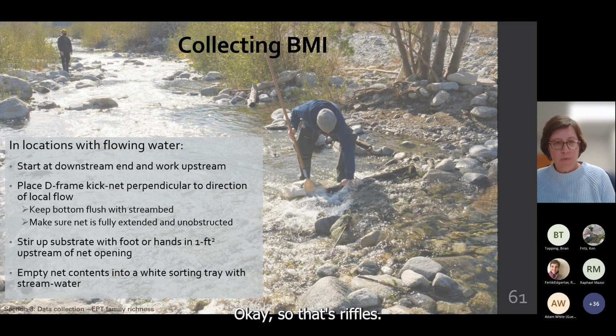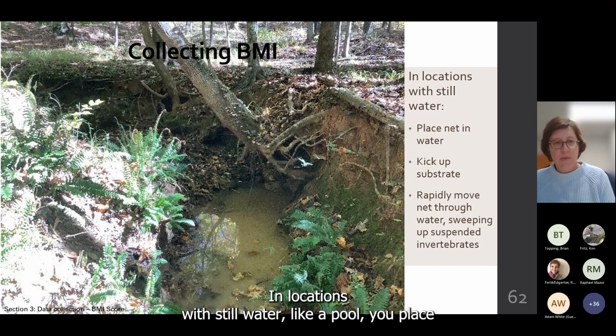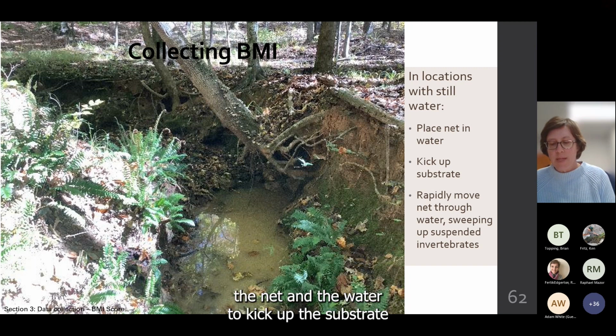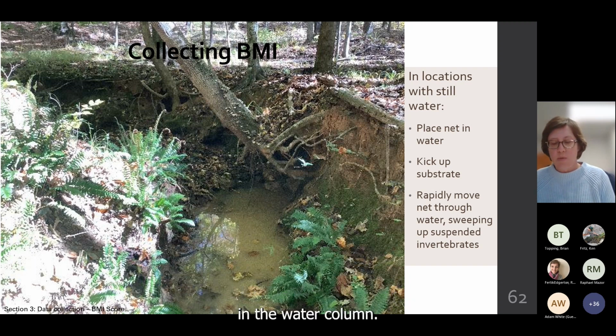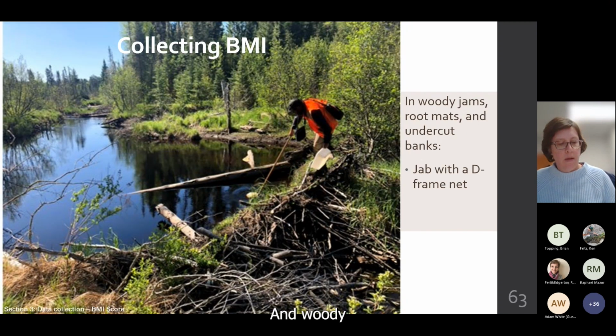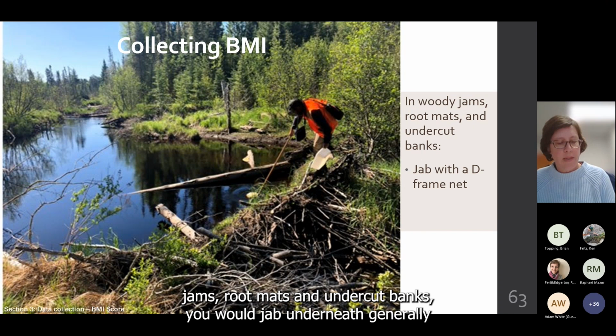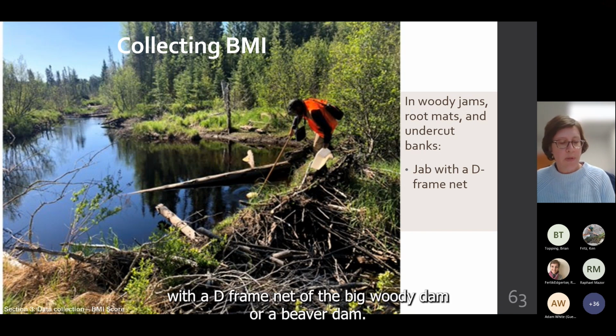Okay, so that's riffles. In locations with still water, like a pool, you place the net in the water, you kick up the substrate, and then move the net around to try to get what was then suspended in the water column. In woody jams, root mats, and undercut banks, you would jab underneath, generally with a D-frame net.